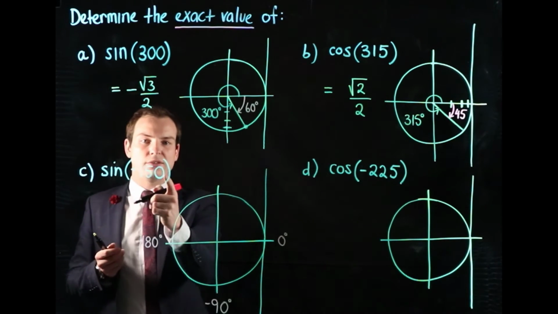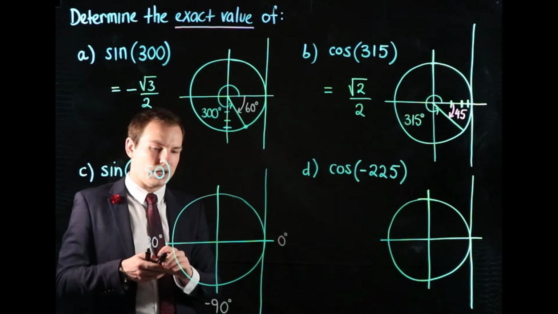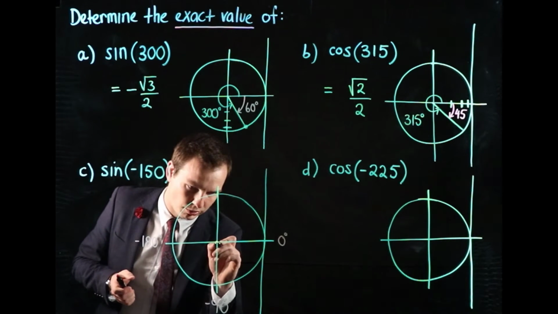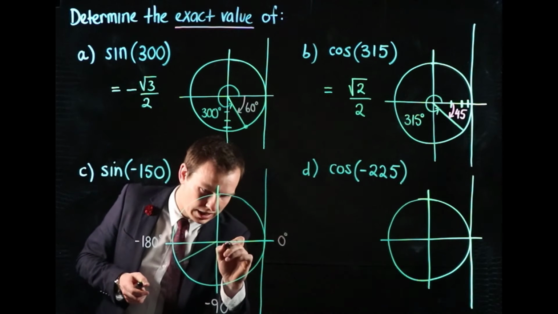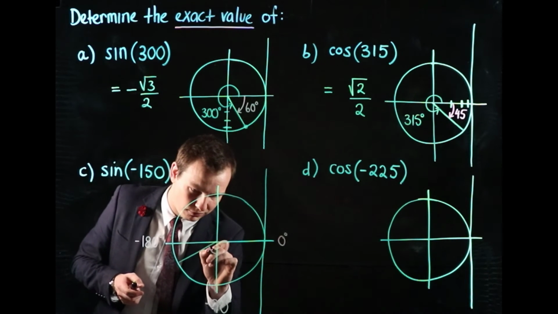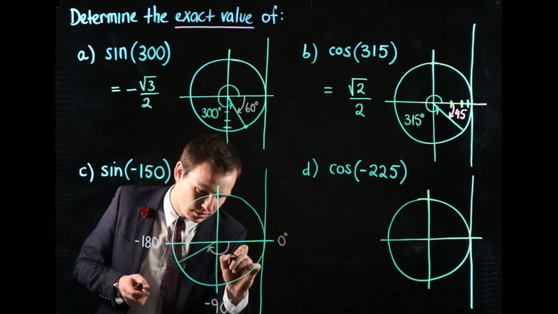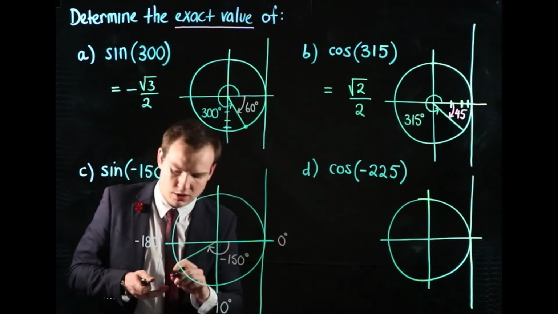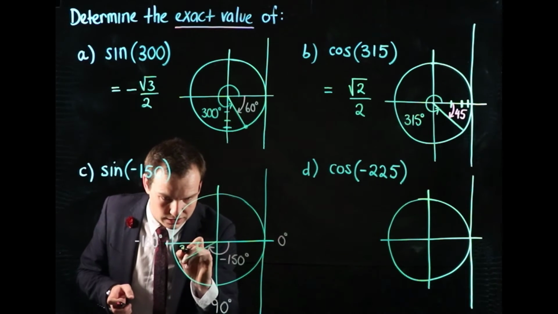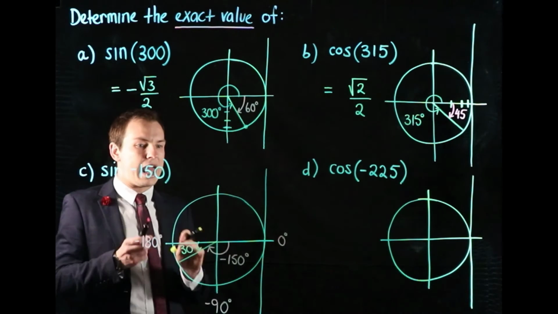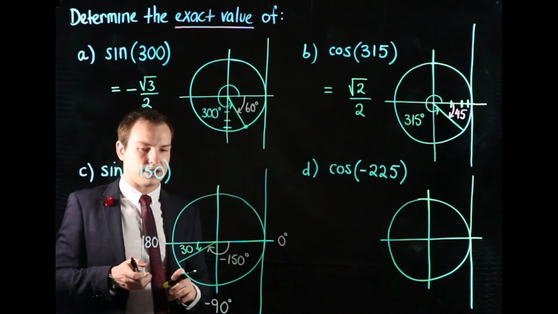Being negative 150 degrees, we'd have an angle that's about here. So this would be negative 150 degrees, which is 30 degrees, just out of interest's sake, from the x-axis or the horizontal axis.